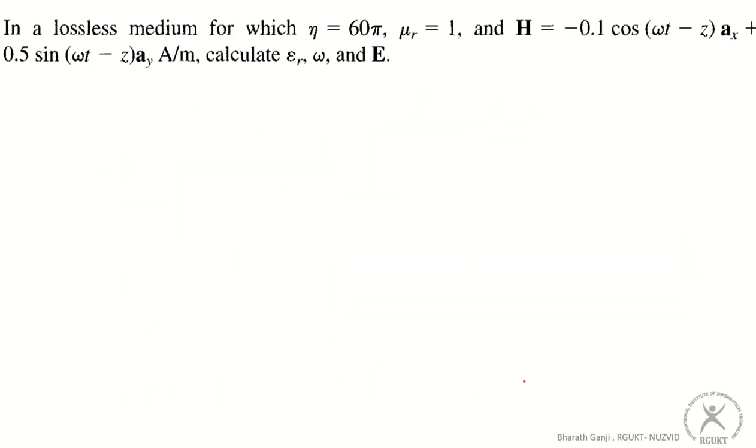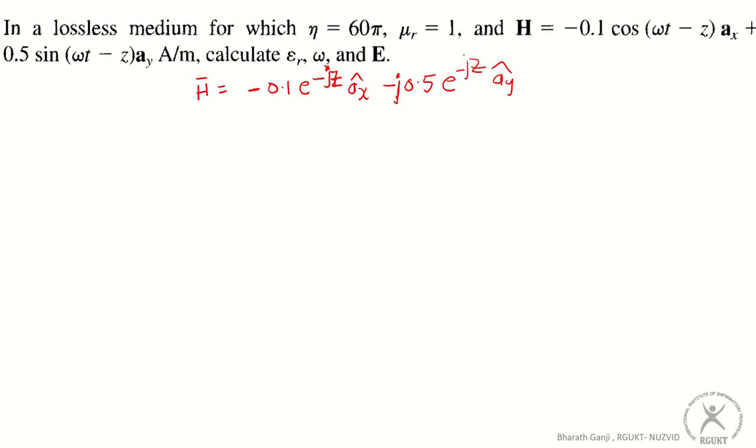So I'll write the phasor form I have, that is h bar is equal to minus 0.1 e power minus j times of beta, sorry, beta is 1, so it is minus 0.1 e power minus jz ax cap minus j times of 0.5 e power minus jz ay cap. So this is your magnetic field.